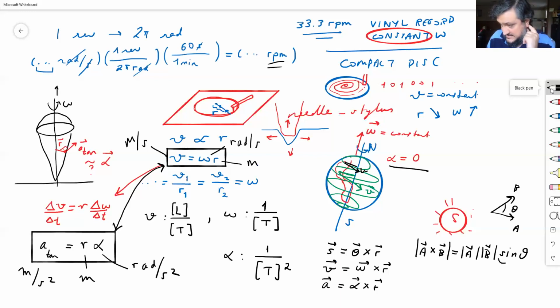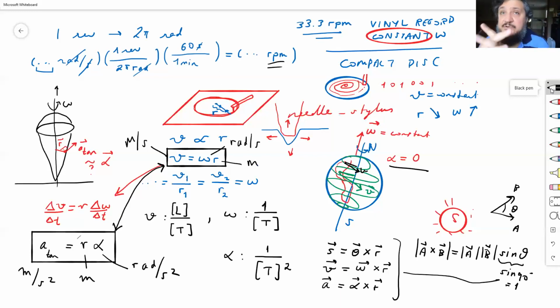So this is sine 90, which means 1. That explains why we have the relationships on the left in the boxes. There is no sine theta, I mean, theta is 90 degrees there. So that is about the units, dimensions, and the vector product.